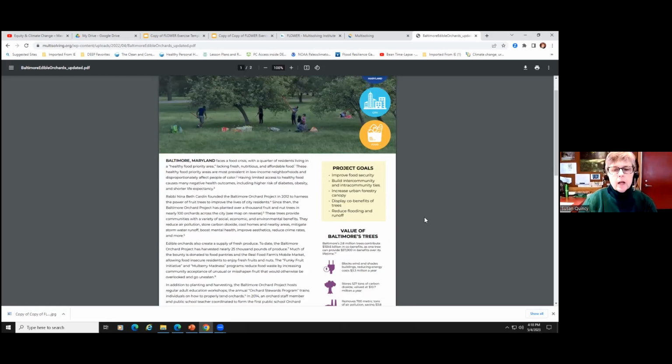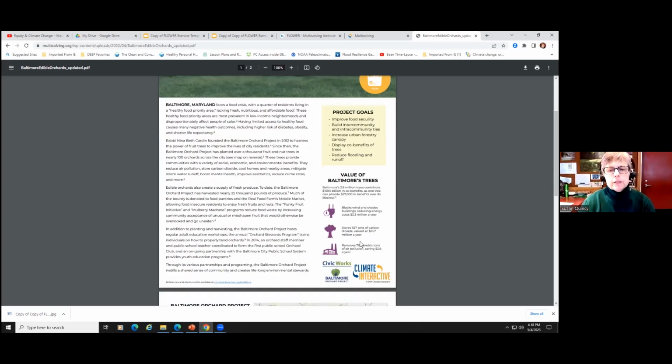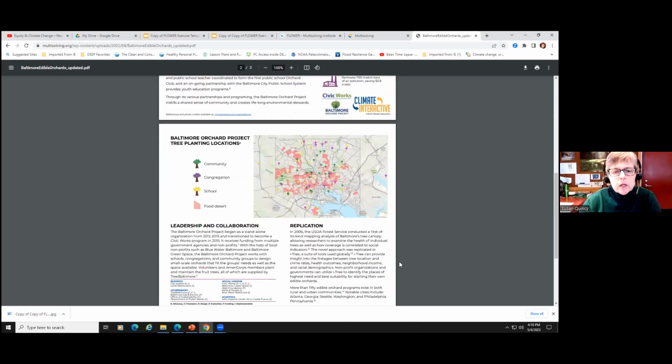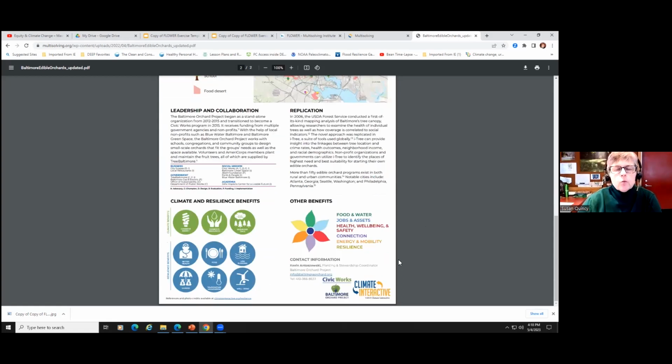So they went in and identified specific trees and groups that would help maintain these trees. In thinking of this project, we want to plant trees to improve carbon sequestration and reduce climate impacts, they are also doing the co-benefit of providing food access, because now you can have people go in on their own.